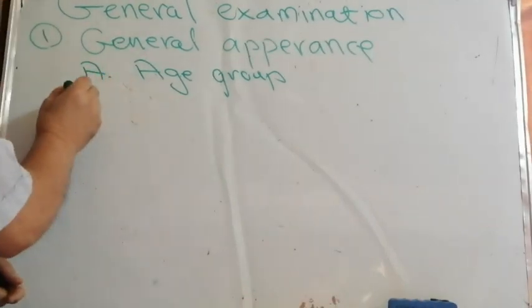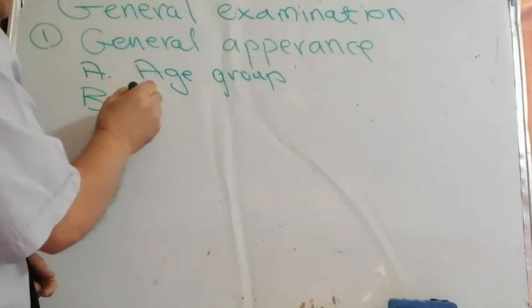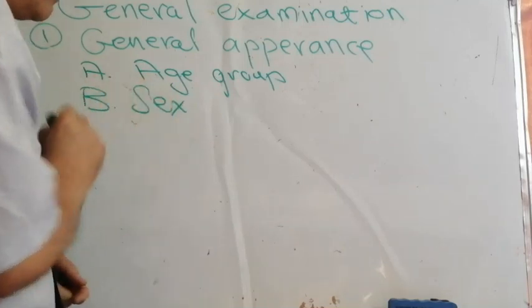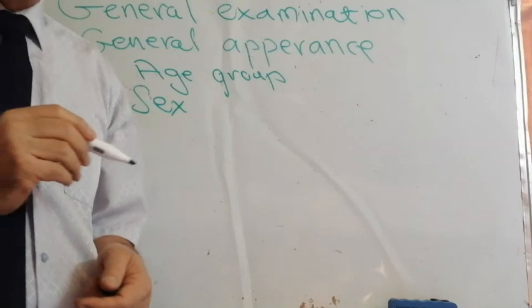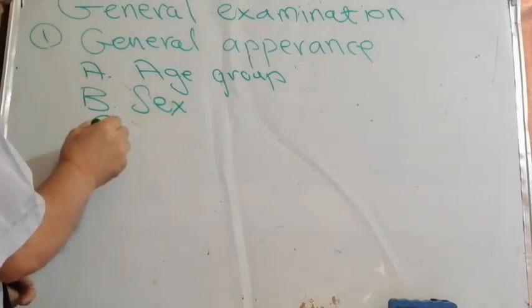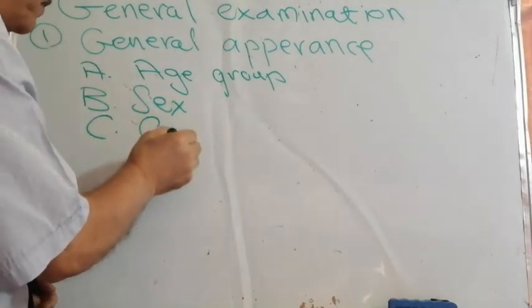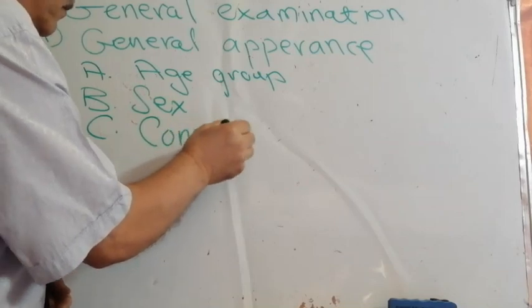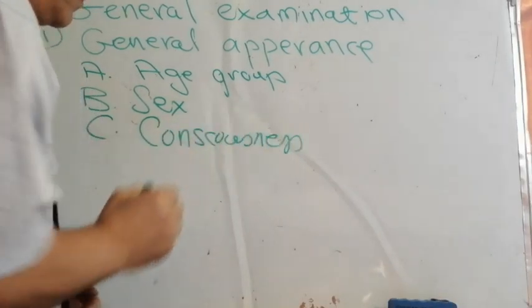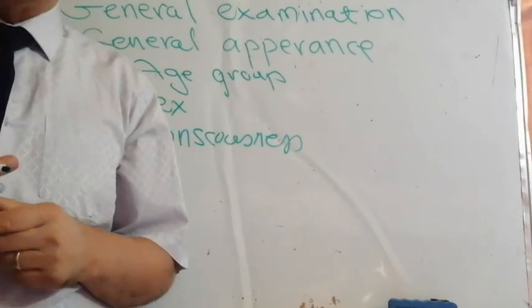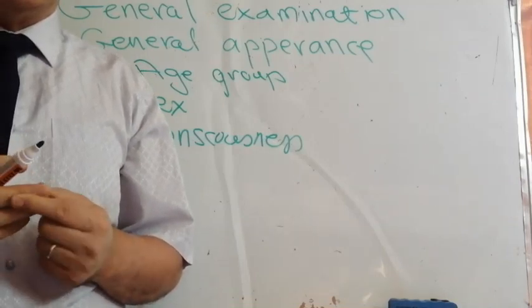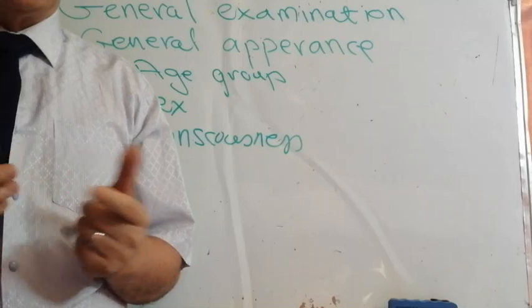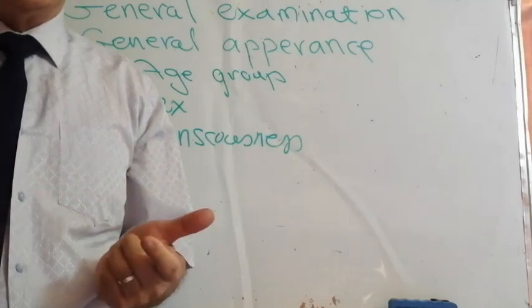B is the sex of the patient, male or female. C is the consciousness. Is the patient conscious, unconscious, drowsy, and so on. Oriented, not oriented.